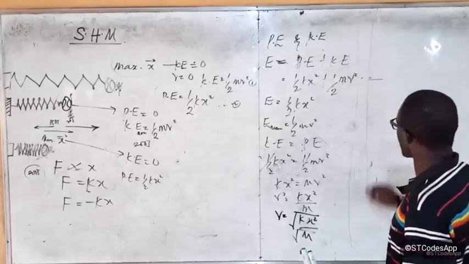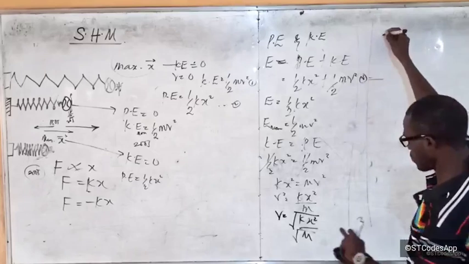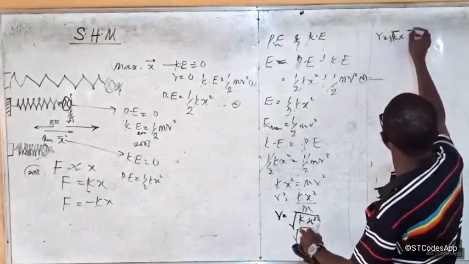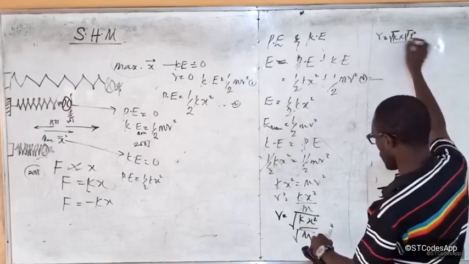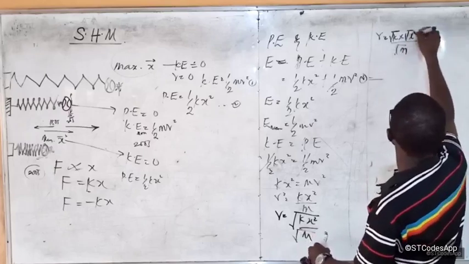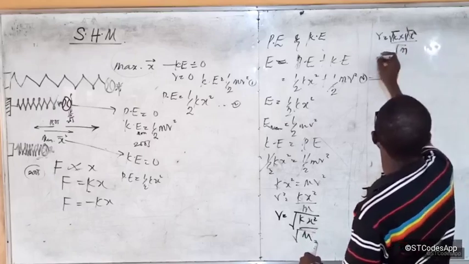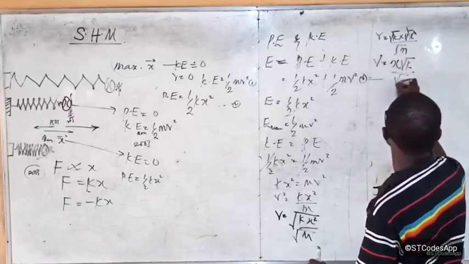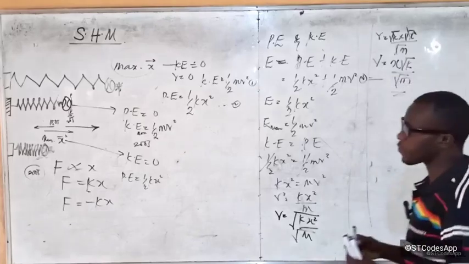I'll be capturing the screen, this is equation 3. So v will be equal to what? Root k times root x squared over root m. So this takes care of this, so that v will now be equal to x root k over root m.